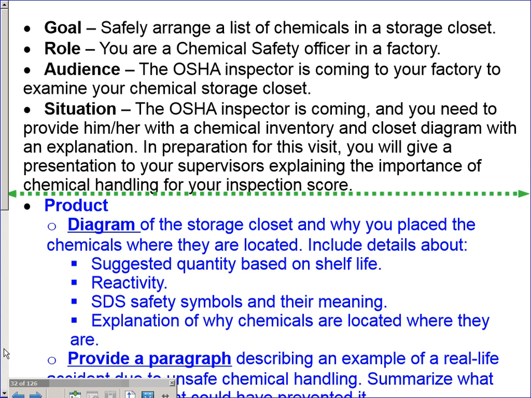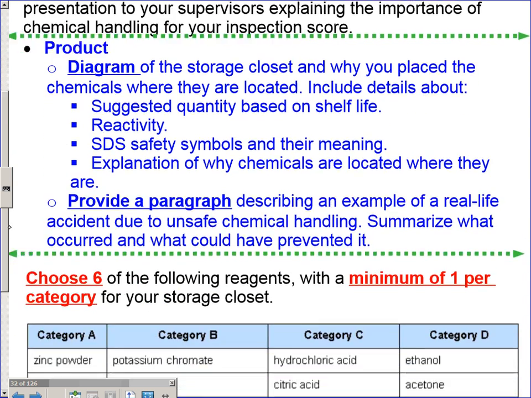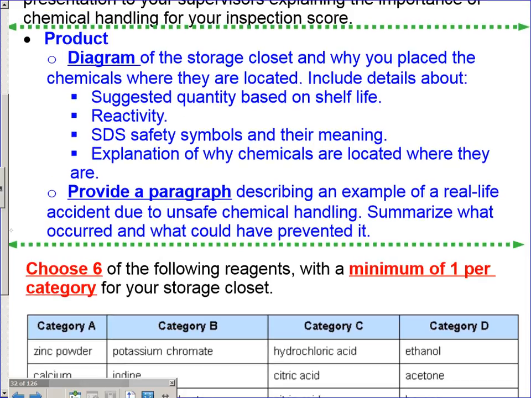Diagram, I want to know a couple of things about why you place things where they are. Reactivity, you're going to be looking at the reactivity, and I'll show you where you'll find this information. You'll be looking at safety symbols on your chemicals that you're going to be placing in your safety cabinet. You're going to explain why things are located where they are, and if you can find this, how long it's going to be stable, how long it can sit in there.